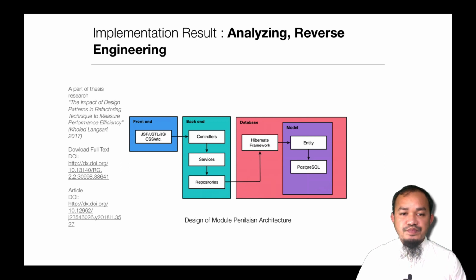So they become layers. You look here, there are the controller layer, the service layer, and the repository layer, right? The repository is about connecting to Hibernate, the framework you use to connect to the database. This is the front end, back end, and database that I made by reverse engineering from that system, the CIA project or CIA system.